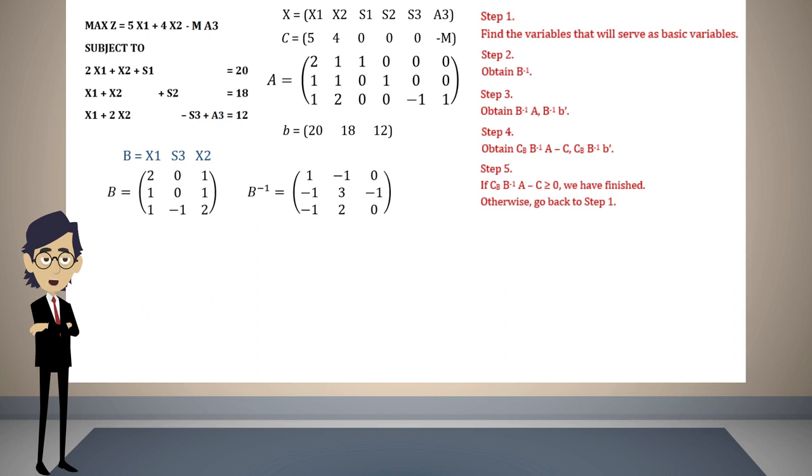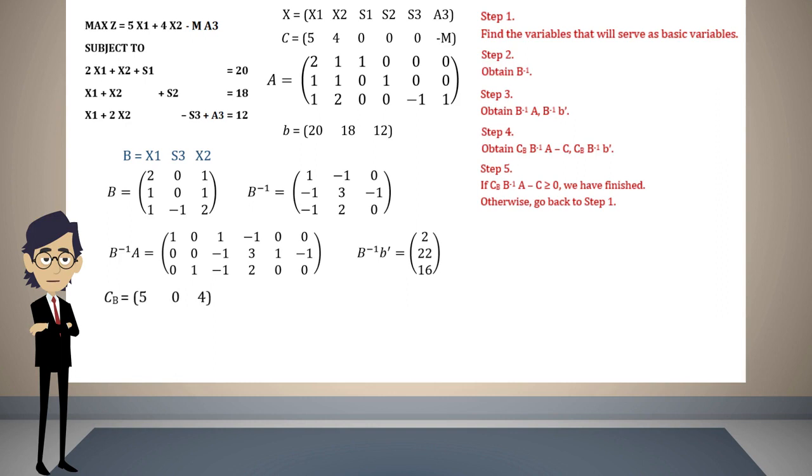We multiply B inverse by the A matrix, and by the B prime vector. Now we obtain the vector with the coefficients of the basis and the objective function. And we will multiply it by the matrices obtained in the previous step. And from the first of these vectors, we subtract the vector c.